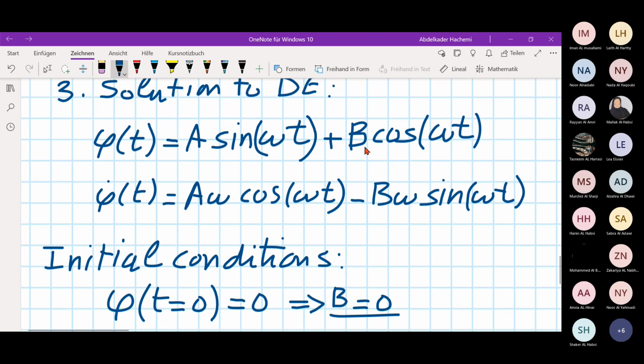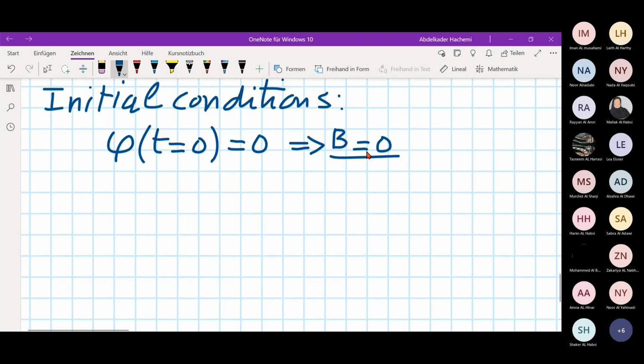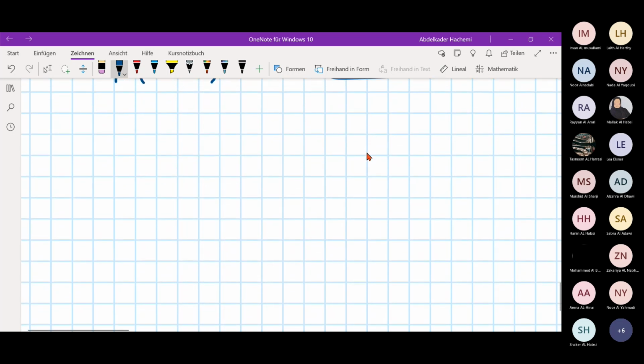Now we know also that the mass is related with an initial velocity v0.